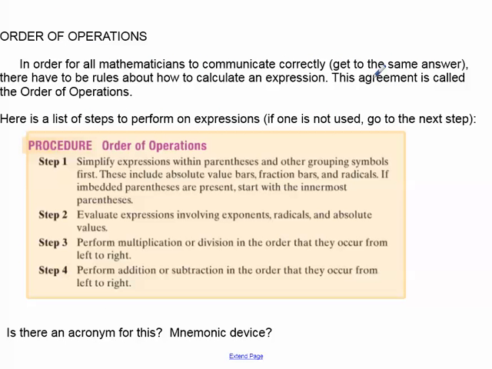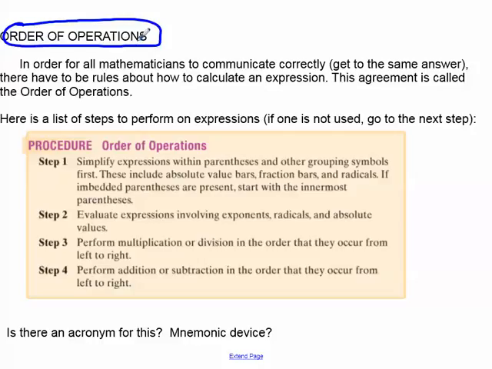Order of operations is really important because the order of operations tells us, and not just us by ourselves, but us as a mathematical community, how to evaluate an expression. It's important that all mathematicians know what an expression evaluates as, because we're using the same rules.